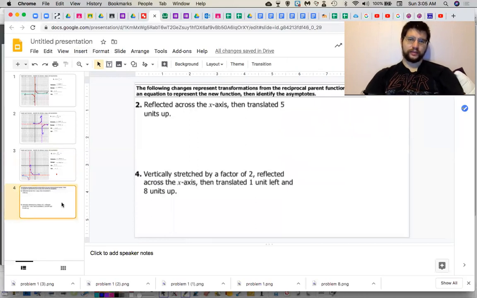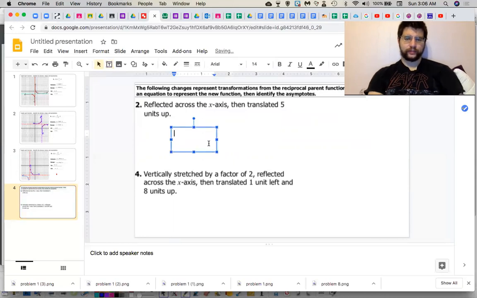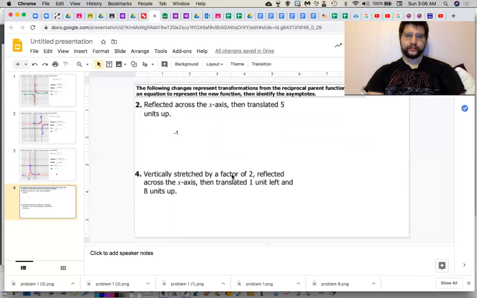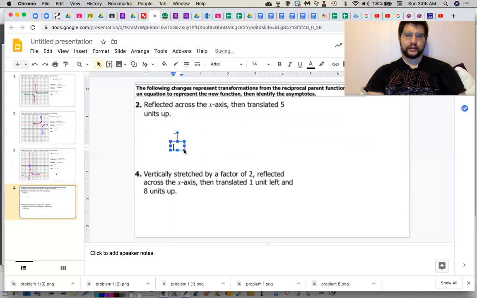And then lastly, a couple more of these. So we're going to transform the basic mother function. Reflecting across the x-axis, that's going to make it negative. So I'll put a -1. I'll click out of there. And on the bottom, I'll put my x.